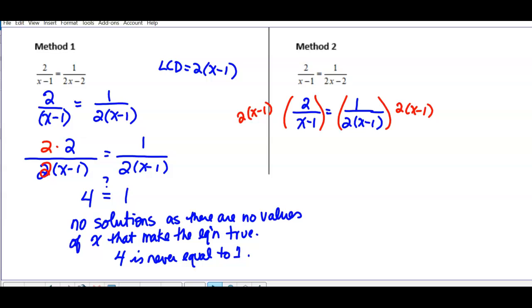You ever heard of the method called cross multiplying? That really comes from this. This is the proper way to do it. Cross multiplying is sort of a fast way to think about it. And I just put a question mark because when is 4 equal to 1? Never, right?